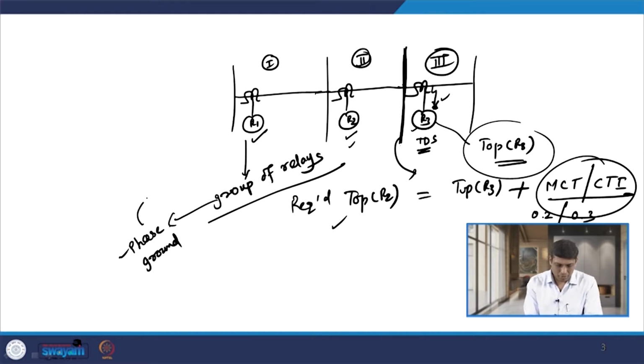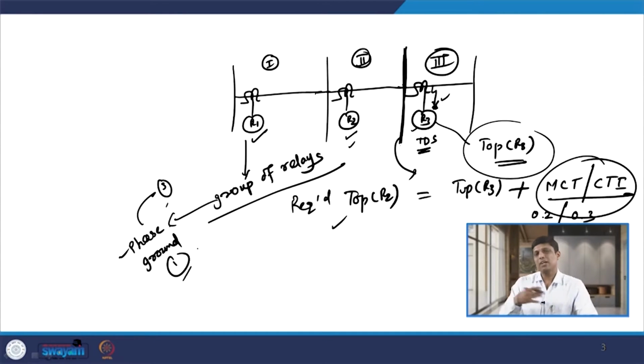So, we normally have 3 units of phase relays and 1 unit of ground relay. When you have 3 units of phase relay and 1 unit of ground relay, then it is known as 3 overcurrent 1 earth fault scheme. So, 3 overcurrent means 3 units of phase relays and earth fault means 1 unit of ground relay.